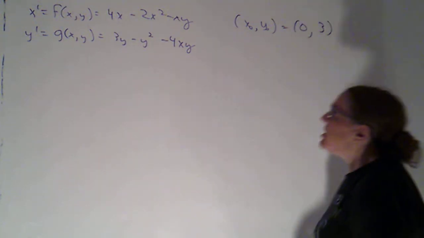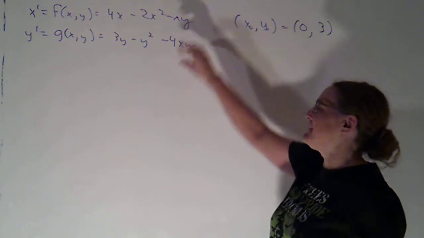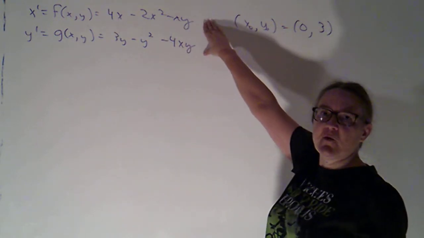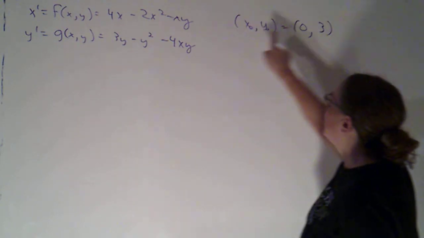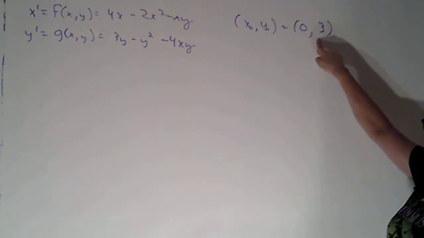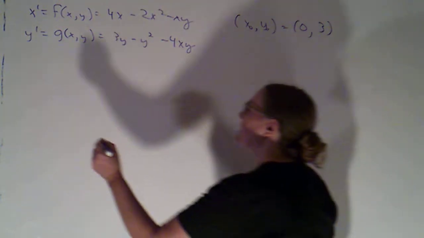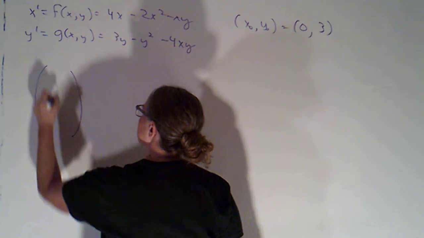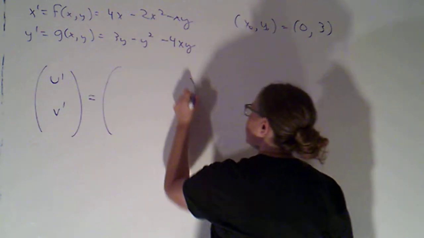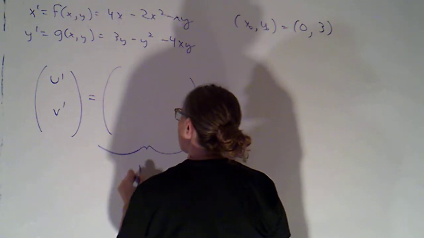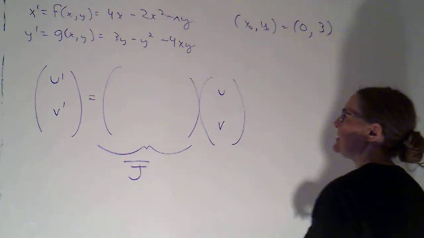Okay, so I've got the same nonlinear system up on the board. We had determined that this had 4 equilibrium points. 0, 3 was another one, so I just want to work with that. So we're going to be creating this new system, U prime V prime equals this matrix, which is going to be our Jacobian matrix, times UV.